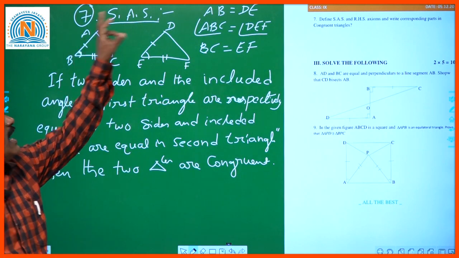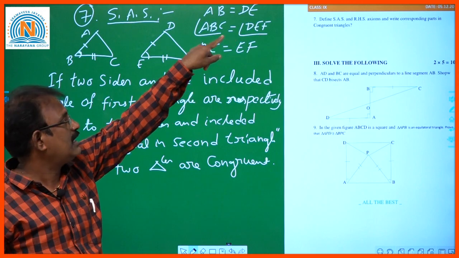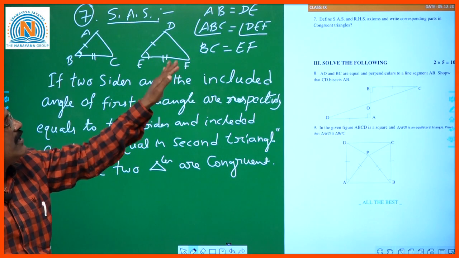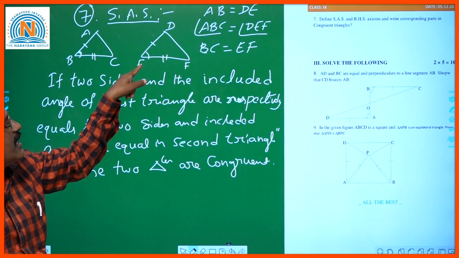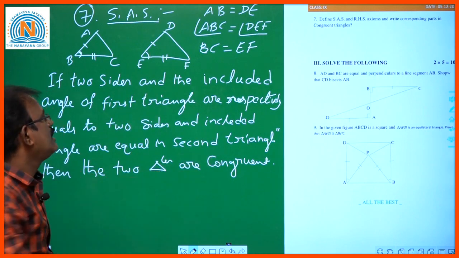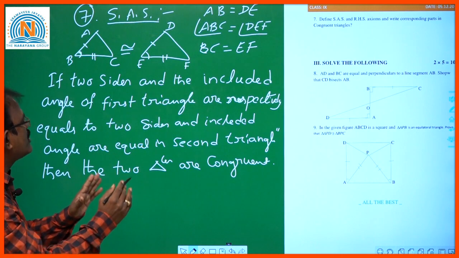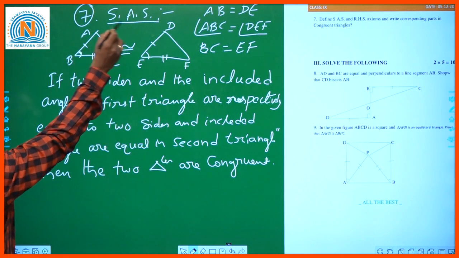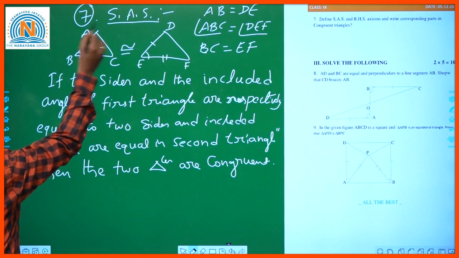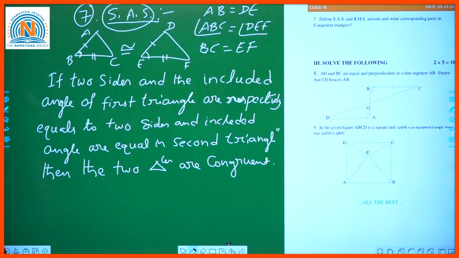So two sides, one included angle of first triangle are respectively equal to two sides and included angle of second triangle. Then we can say that two triangles are congruent from which axiom? From two sides included angle, so from side angle side axiom.